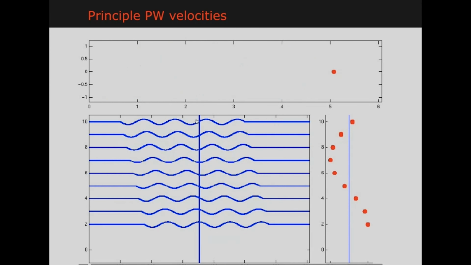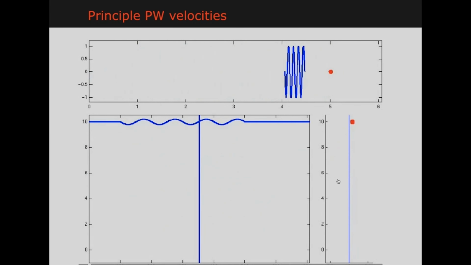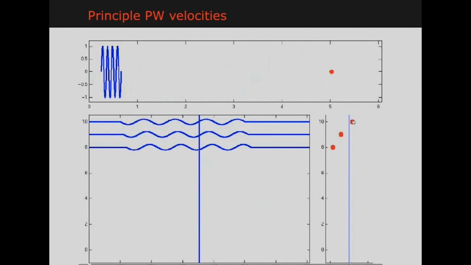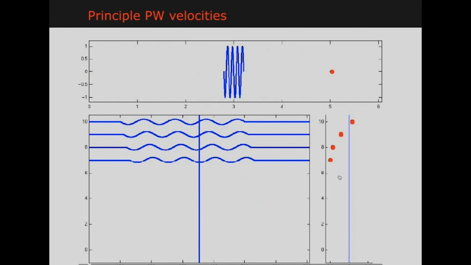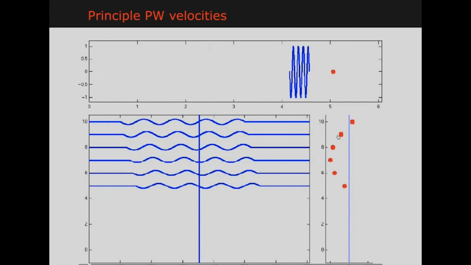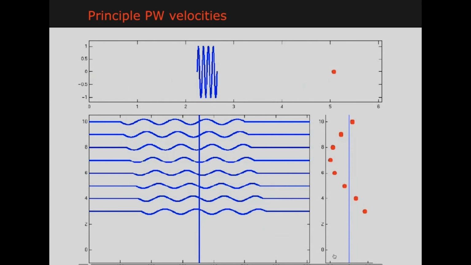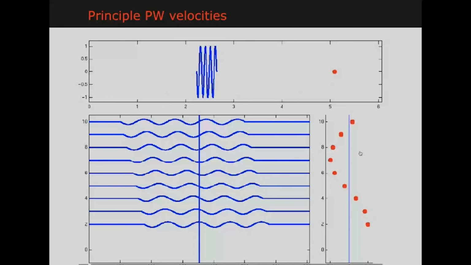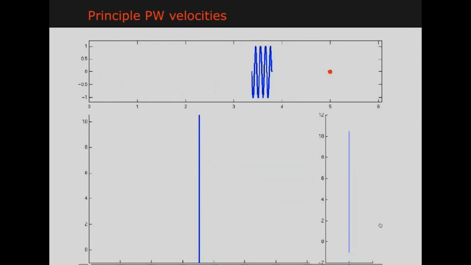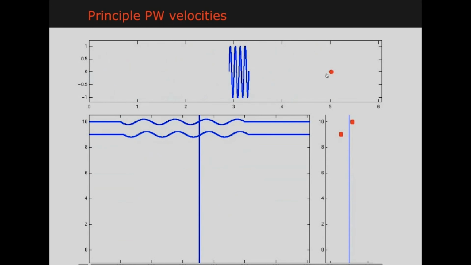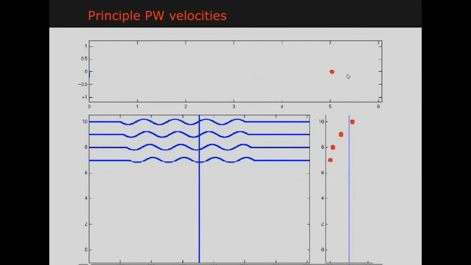If we now look at the amplitude of the reflections at a certain time point, we see that this amplitude will start to vary. So it has a sinusoidal variation. And what we can prove is that the frequency of this variation is related to the speed.